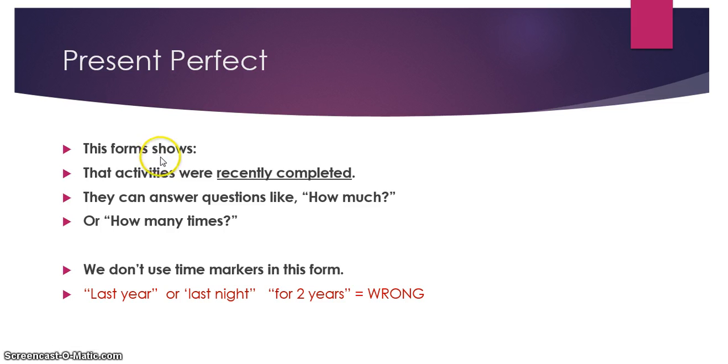Now, this form shows that activities were recently completed. They can answer questions like how much or how many times. Now, in the present perfect, we're not going to use time markers like last year or last night or for 2 years.